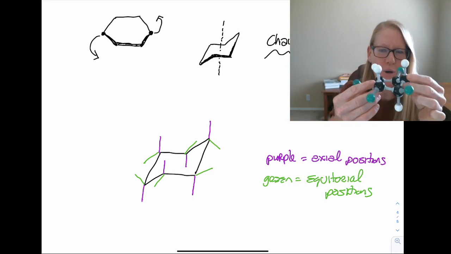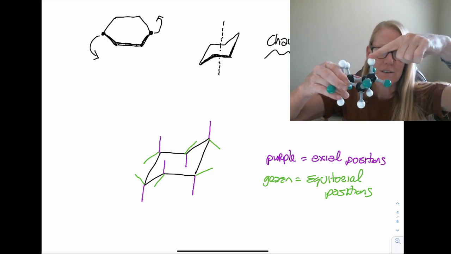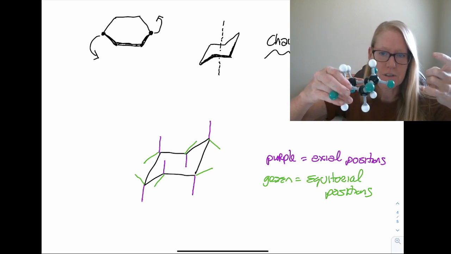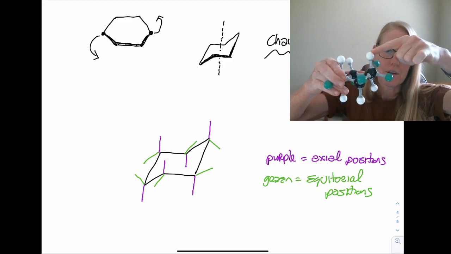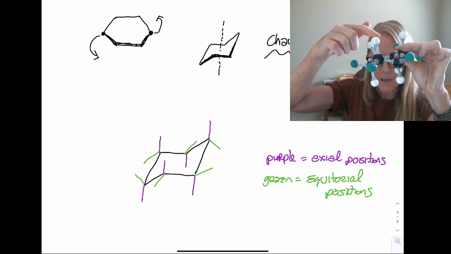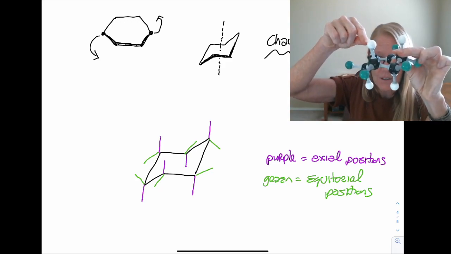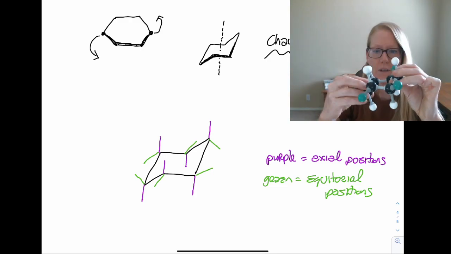So if I look at this carbon that's going up, I have white to represent my axial positions. So if I look, it's straight up, and then this one is straight down, and then straight up, straight down, straight up, and then straight down, back to where we started.